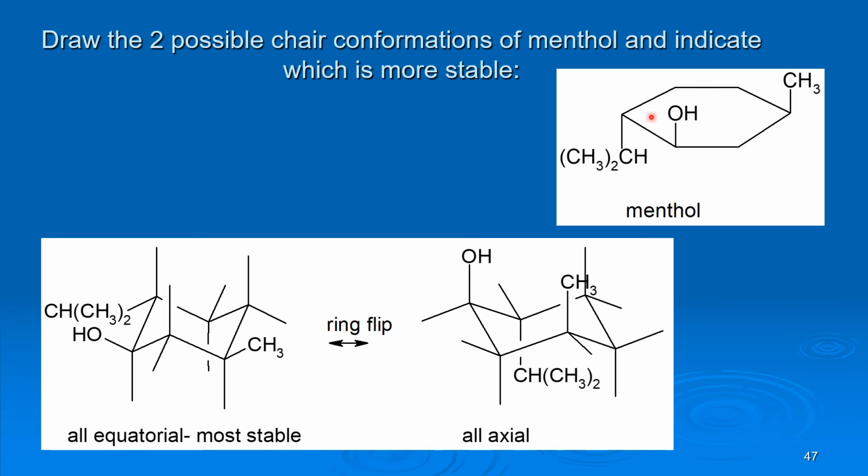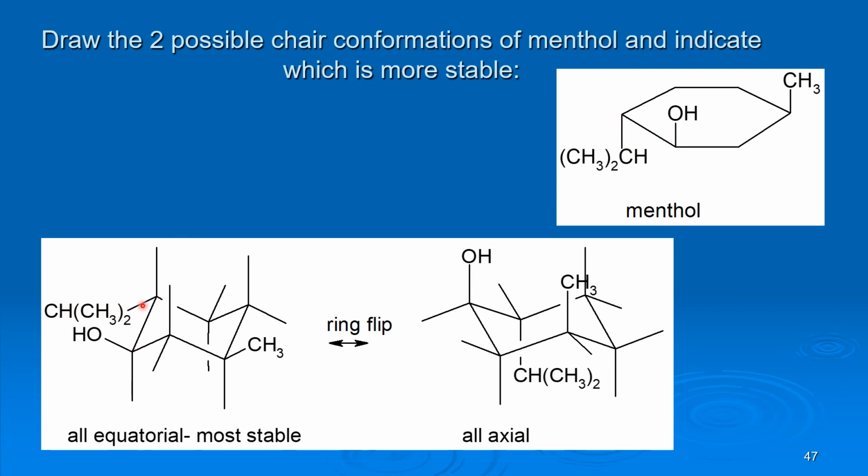I also want the OH to be on top, right? So it also, in this case, happens to be equatorial because they're 2 away from each other. Then 1 more carbon away, which is this carbon here, is the isopropyl group. And because it's going to be the bottom, it's going to be this one right here.